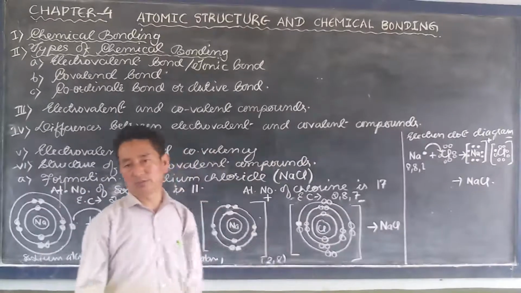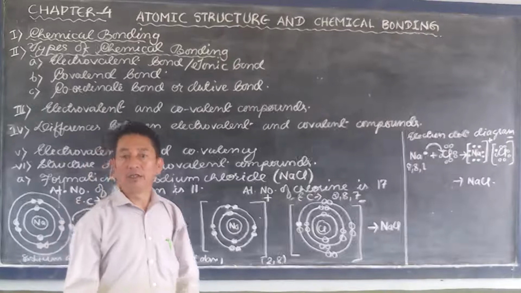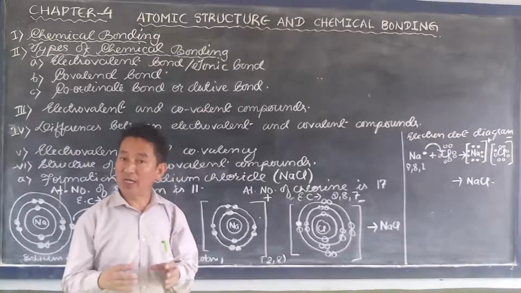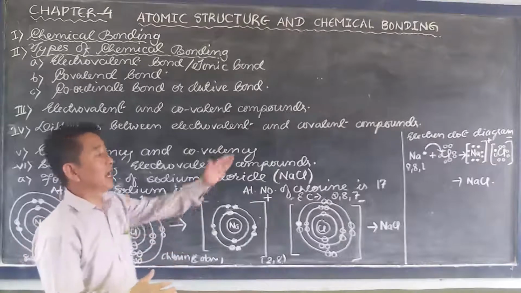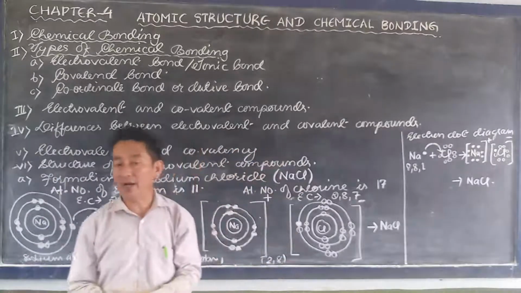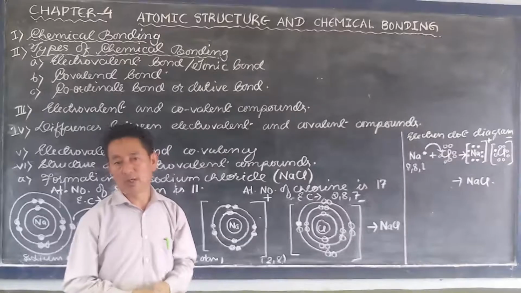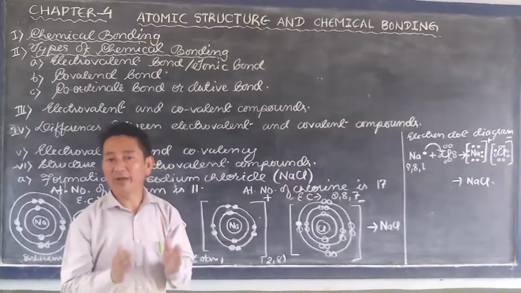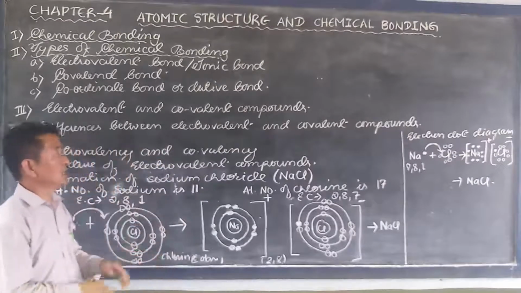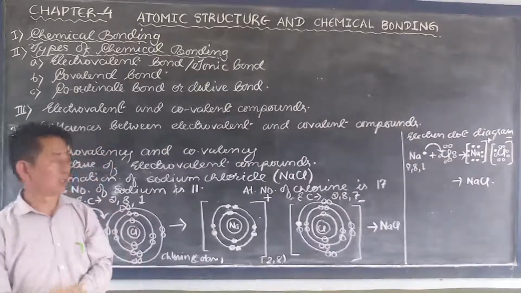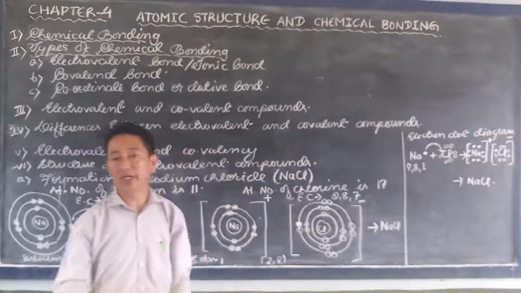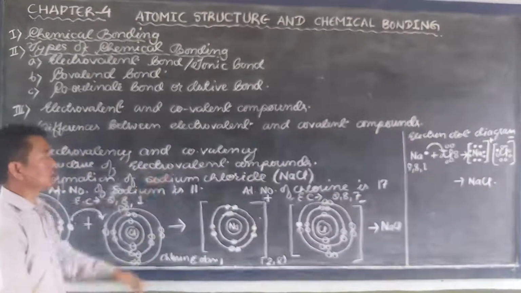Covalent compounds are usually gases, liquids or soft solids, and these are made up of molecules which have weak van der Waals forces. Electrovalent compounds are soluble in water, whereas covalent compounds are insoluble in water.